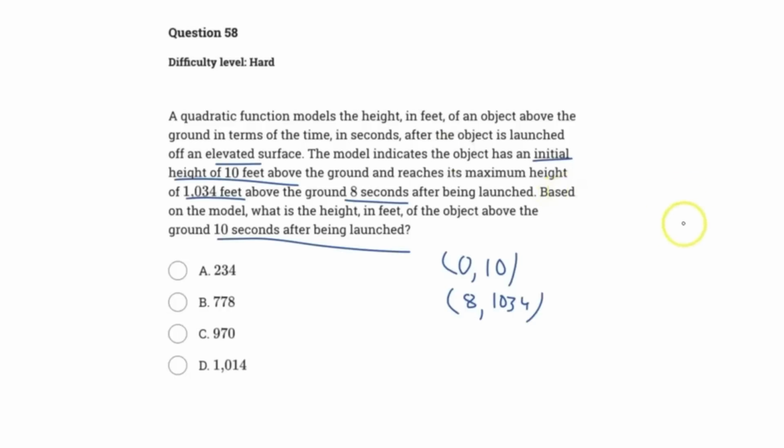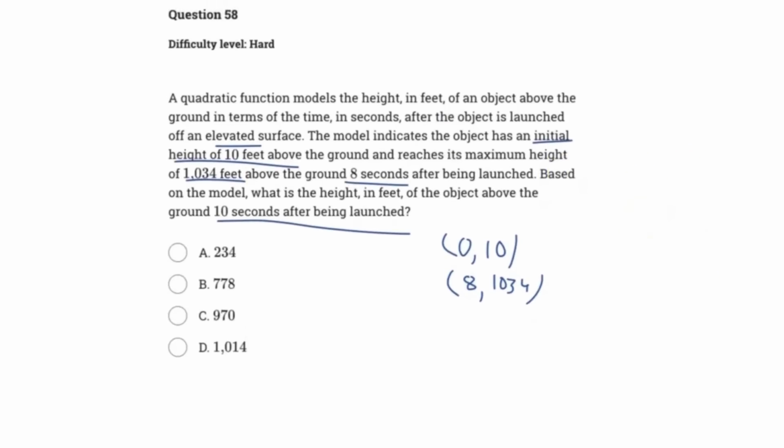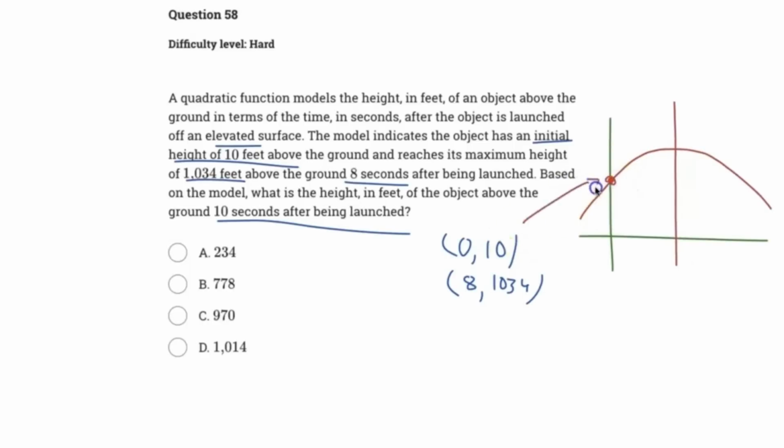Therefore, to find the last coordinate point, it's actually not that hard, because you have to think about a quadratic function. If I have a quadratic function, I'm going to draw the axes, and then the graph is going to look something like this, right? And what we know about a quadratic function is that it's symmetrical. So if you think about this as (0, 10), and we think about the axis of symmetry as x equals 8, we know that everything is symmetric.